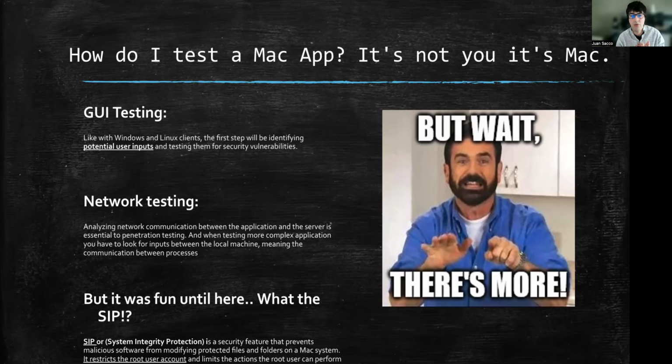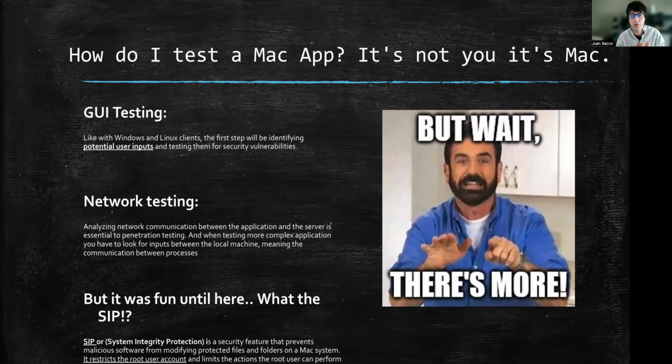So Mac after SIP is quite limited because the root user has been limited. You can call it a Mac system that is rootless, even though there is a root user, it has been limited.